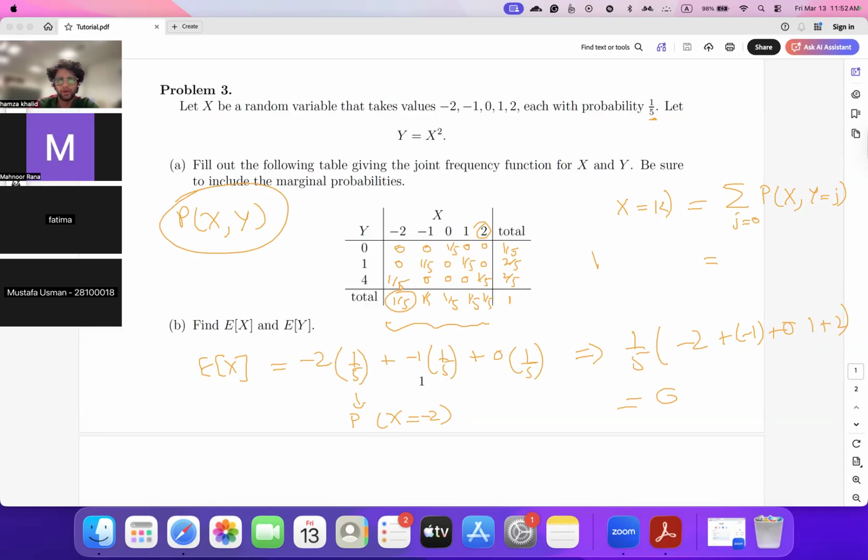Likewise, for the expectation of Y you have X squared. You're going to use these marginals now. Your random variable takes on just three values. 0 times 1 by 5, where 0 is your realization and this is P of Y equals 0. Likewise, plus 1 times 2 by 5, and for 2 you have 2 by 5.